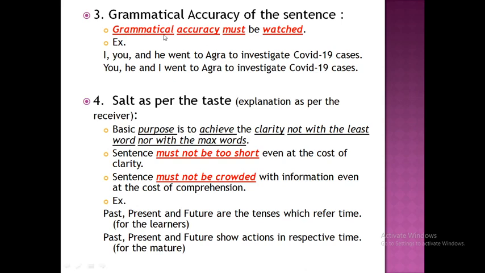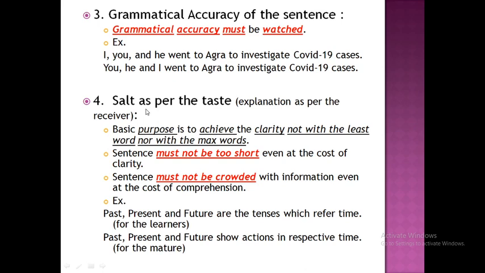So as per that, you is from the second person, he is from the third person, and I is from the first person. So "I, you, and he went to Agra to investigate COVID-19 cases" is wrong. And the right one is, you, he, and I went to Agra to investigate COVID-19 cases. This is the grammatical structure. Is it clear? Okay, let's move ahead to the fourth one.